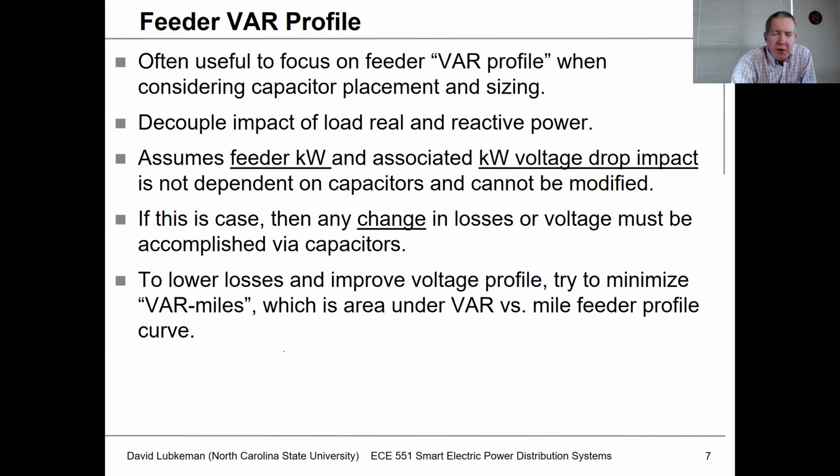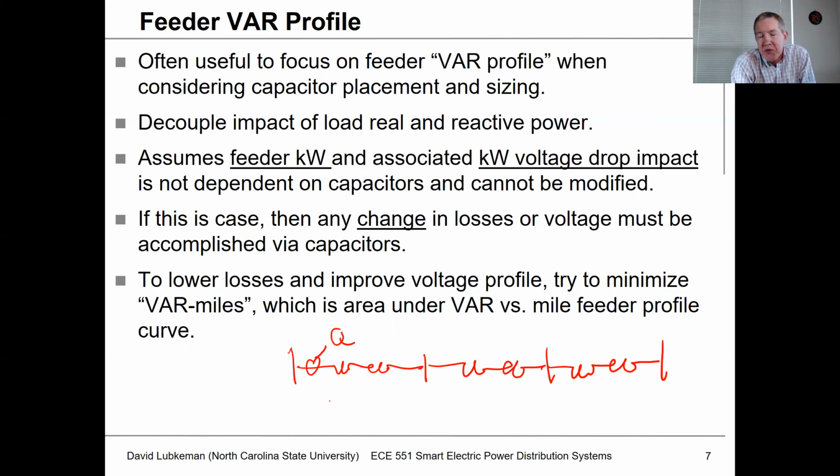If I had a feeder with different buses on this feeder, and I took a reactive power sensor and moved down the feeder from the top to the bottom, how would that Q I measure change as a function of position? This is the miles part, the miles from the substation. What we're interested in knowing is how that Q measurement changes as a function of position up and down the feeder.